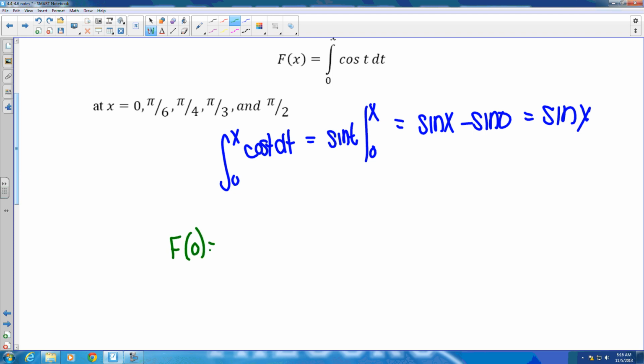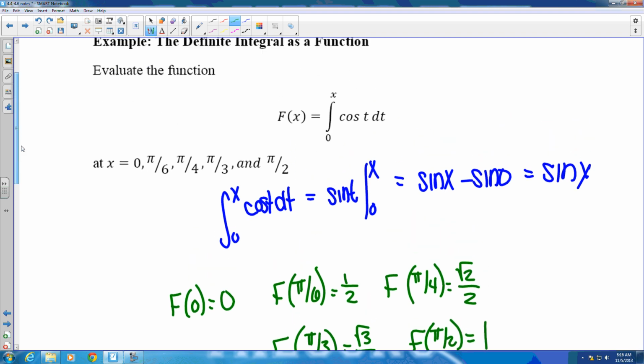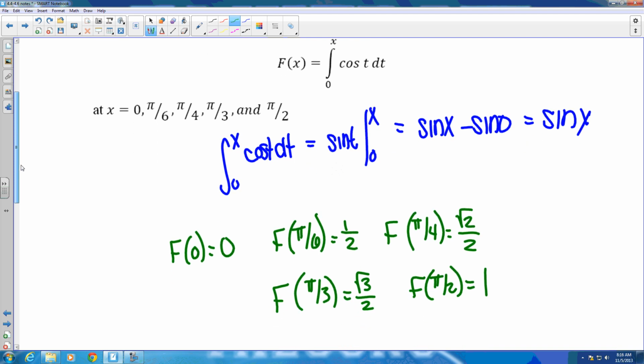F of 0 is 0. F of pi over 6 is 1/2. F of pi over 4 is square root of 2 over 2. F of pi over 3 is square root of 3 over 2. And F of pi over 2 is 1. That's all we needed to do. We needed to evaluate the integral, which was sine of x, and then plug in each one of those values.